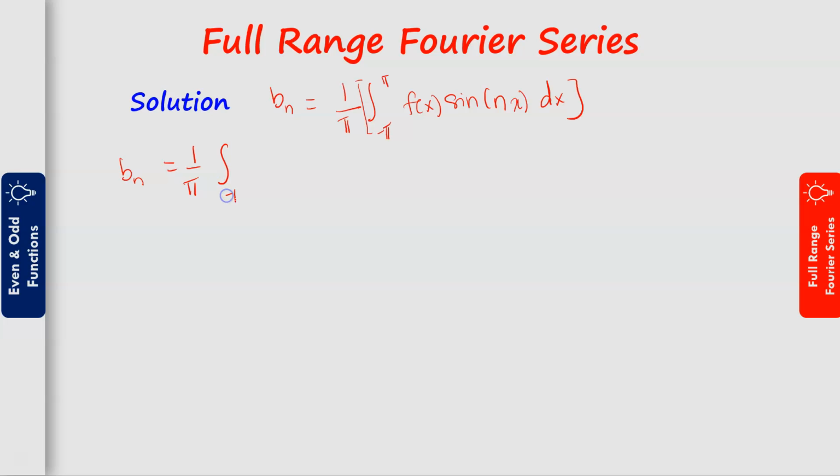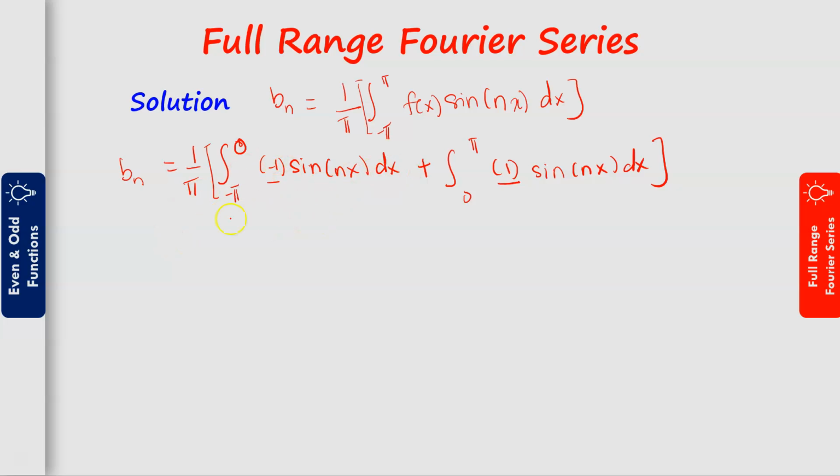We integrate from negative pi to 0, f(x) is negative 1, multiplied by sin nx dx, and then plus 0 to pi, 1 times sin nx dx. The negative 1 and 1 are from the equation.